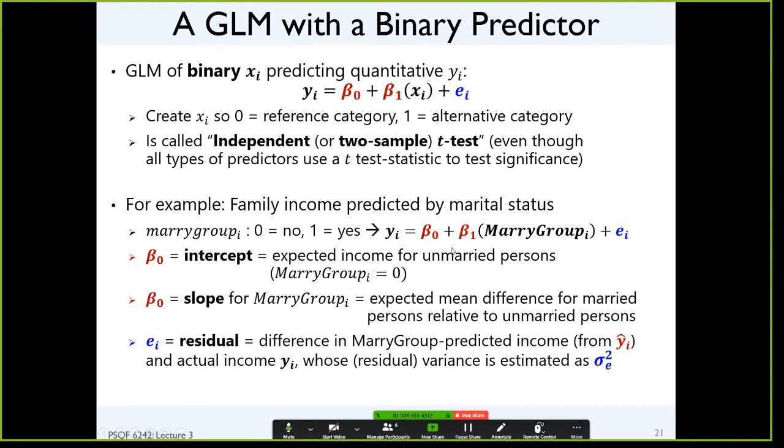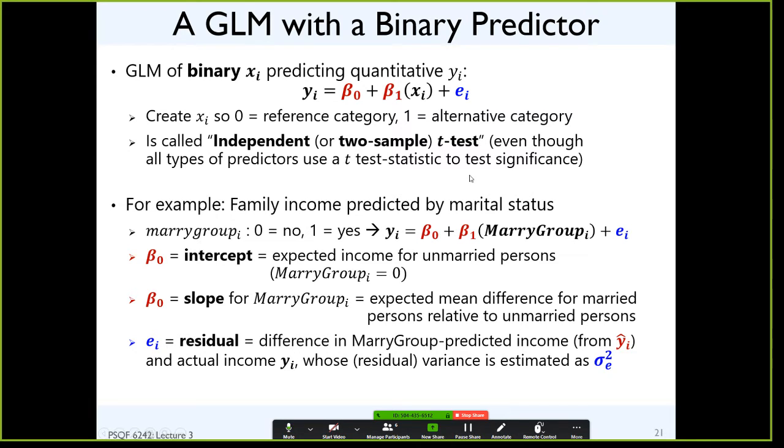So for instance, in this example, we're still predicting family income, and I want to do it by marital status. So I have this variable called married group. It gets a subscript i indicating that each person has a different value of these. So the intercept in my model here, beta 0, always, always, always is the same thing. It's the expected outcome when your predictors are 0.